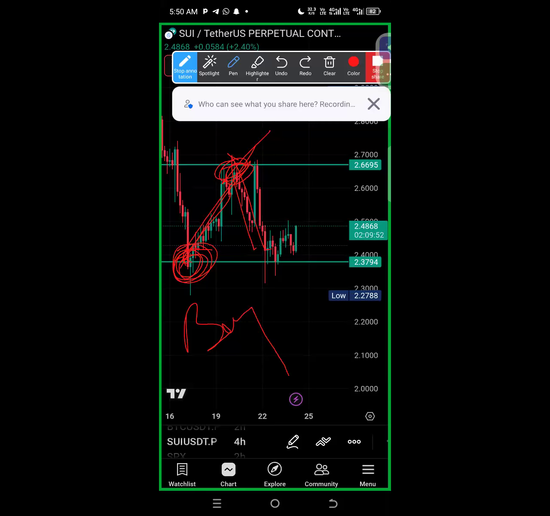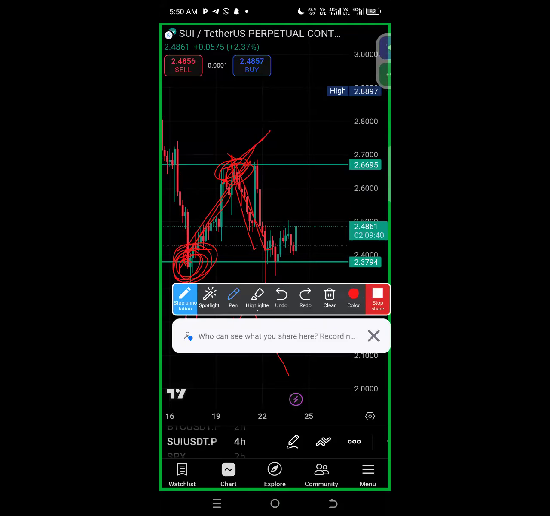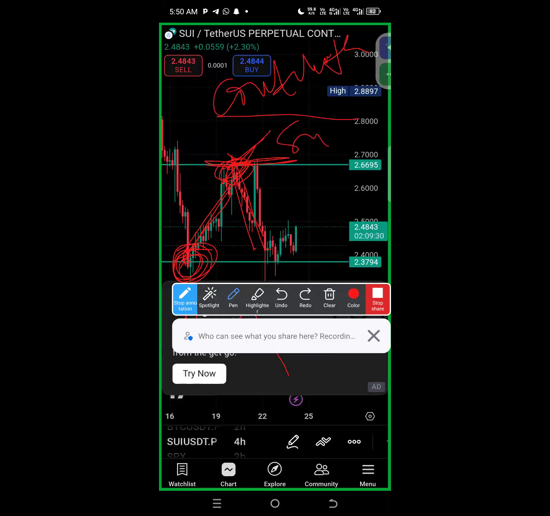Then on the resistance zone, when the price is rejected, they may decide to sell the asset. But if the price breaks above, it simply means there is going to be what we call price continuation. So this zone becomes our new support zone. Then we need to get a new resistance zone where we will target our next take profits.